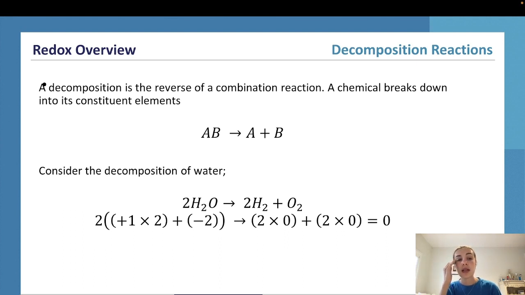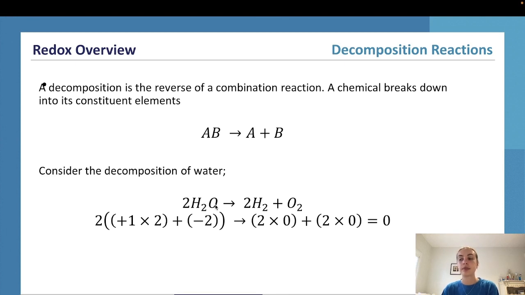So if we're to consider, for example, the decomposition of water, it's basically just the opposite of what we just looked at before. So we can say we start off with H2O, and so we've got 2H2O, and so we know that the hydrogen is going to be a +1 charge per hydrogen atom, and the oxygen is a -2 charge per oxygen atom.